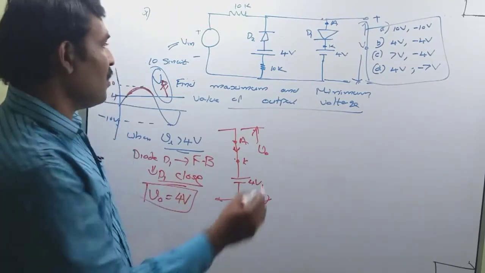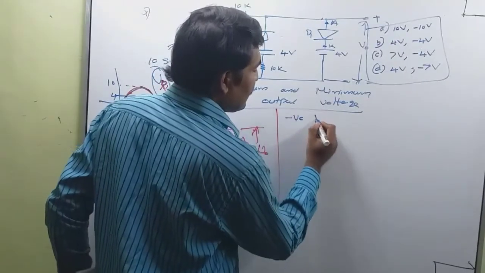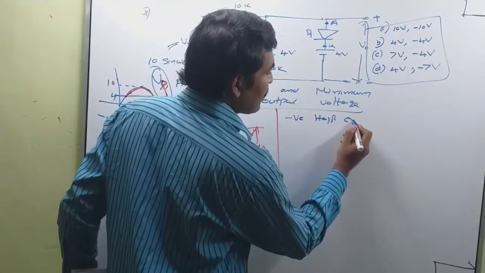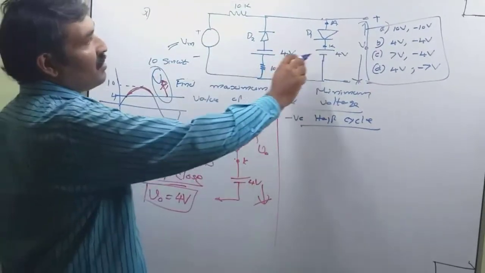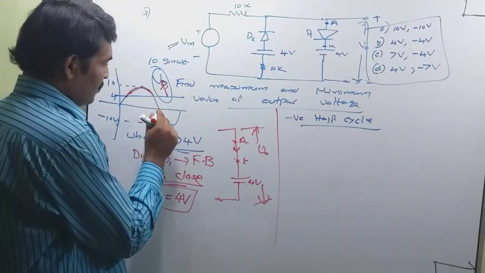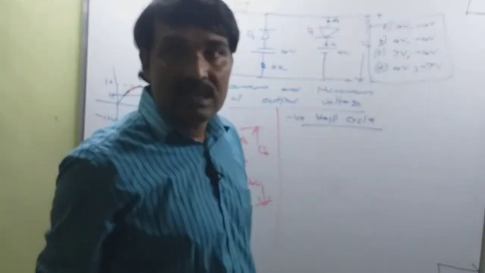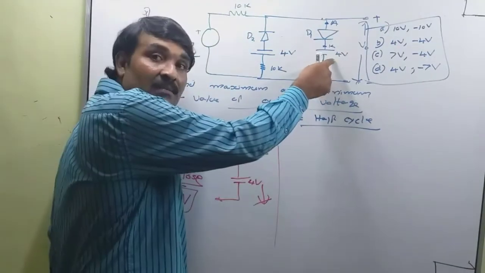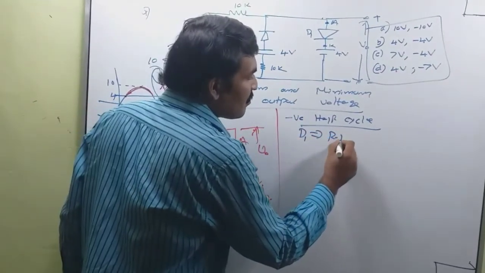Right. Now during the negative half cycle, what happens? During this period, the voltage at the anode is negative and the cathode is positive. So D1 is in reverse biased condition.